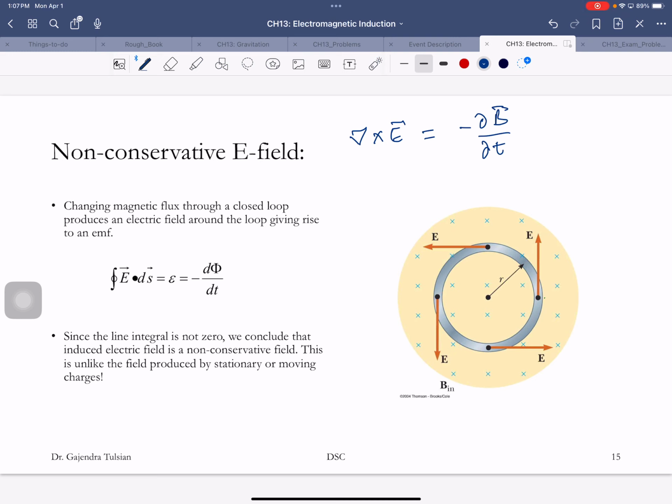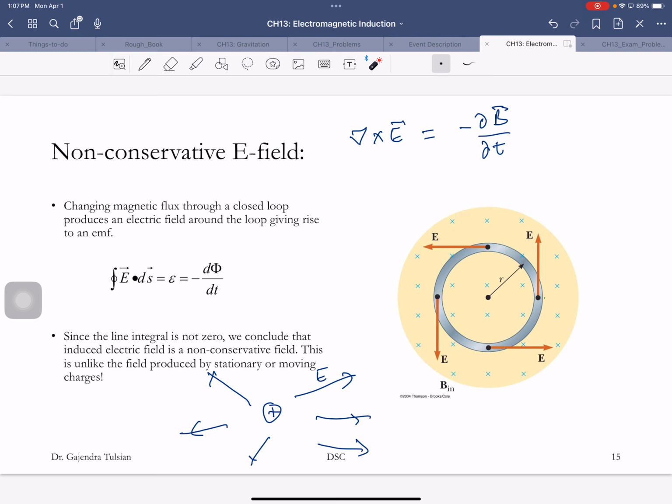Here's the electric field produced by this positive charge, and this is the electric field produced by this changing magnetic field. If the magnetic field is into the plane of the paper and increasing, the electric field induced is like this.